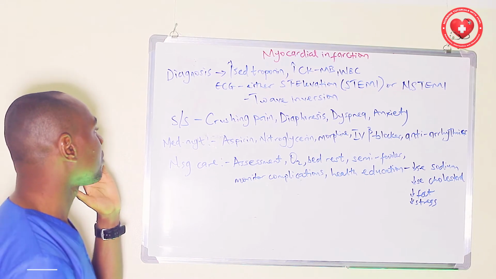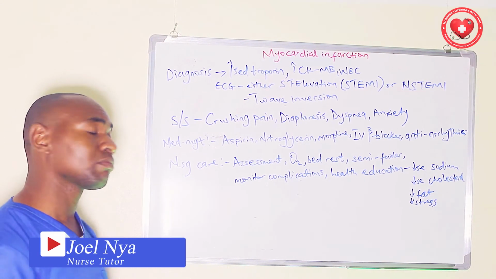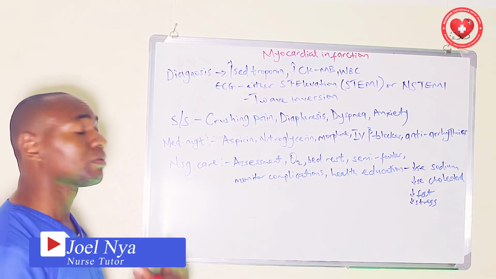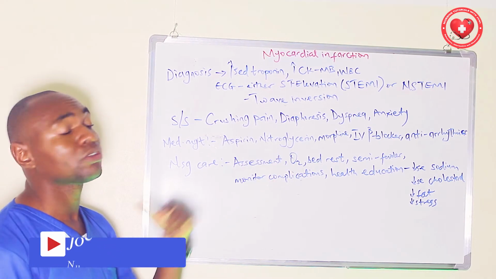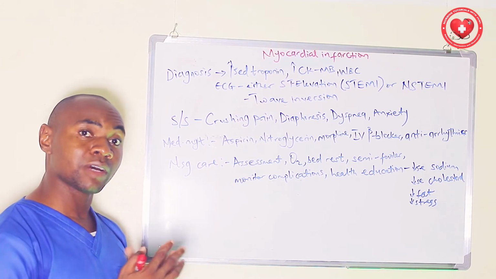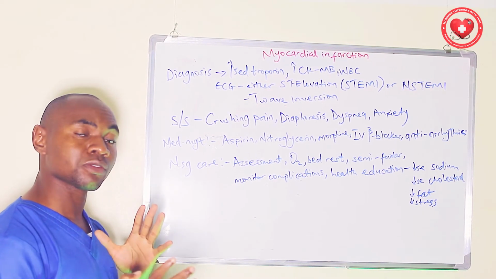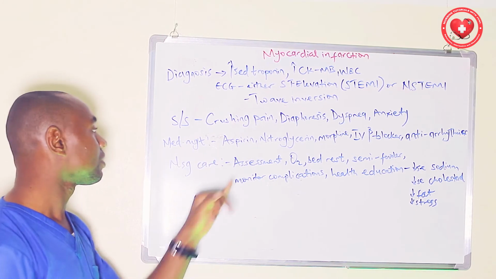Now, for the medical management, majorly drugs are used. They could be IV, oral, or sublingual, like in the case of nitroglycerin. Nitroglycerin is a vasodilator which relaxes the blood vessels and increases blood supply to the heart muscle.